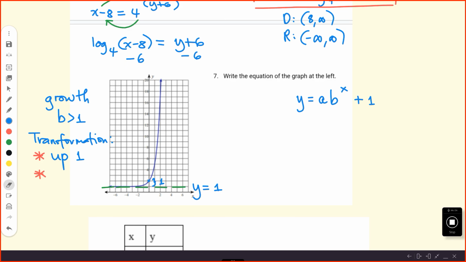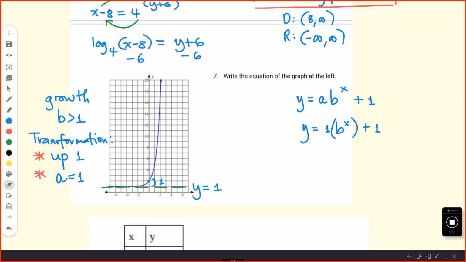Why did I add 1? Because I know that the transformation is up 1. And I know that a is 1, so I can plug in a as 1. So y equals 1 times b to the x, then plus 1.